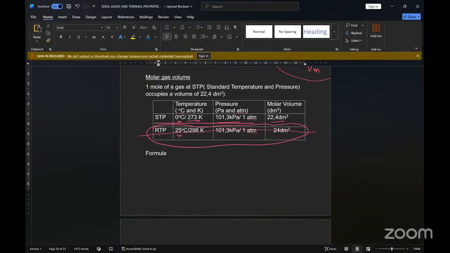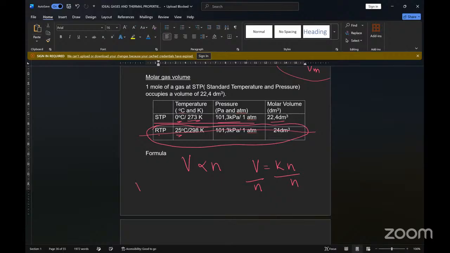So the Avogadro formula can also be summarized like this. V is proportional to n. V, the volume, is proportional to n. So we can say that V equals, we introduce a constant K, times n. To make the K stand alone, we divide by n on both sides.